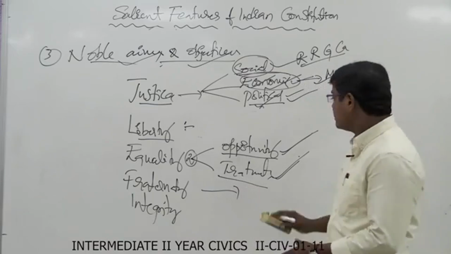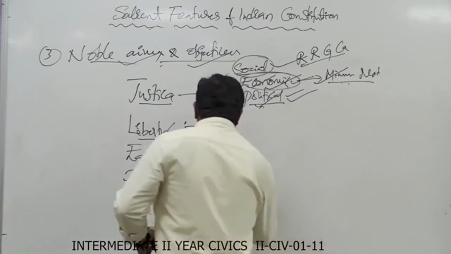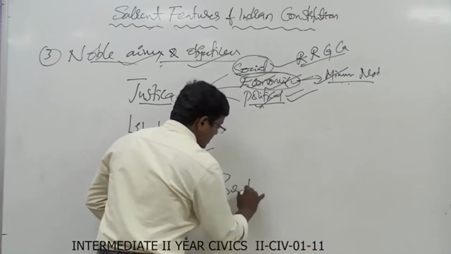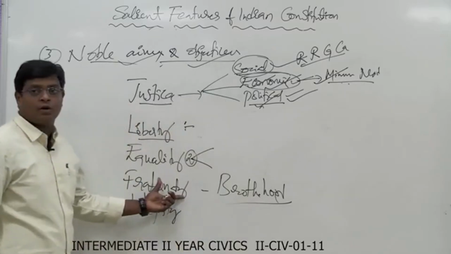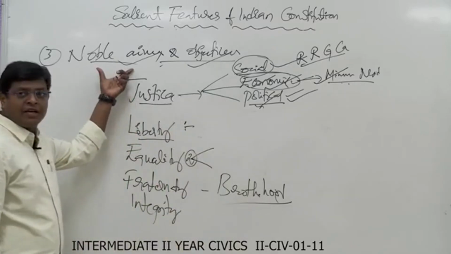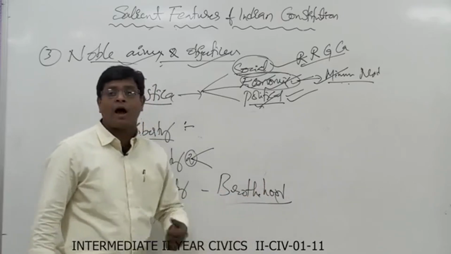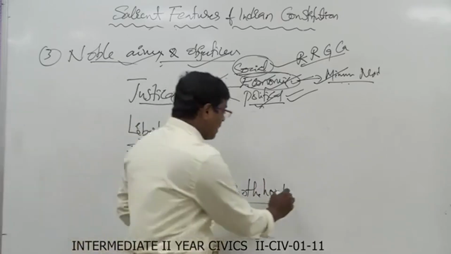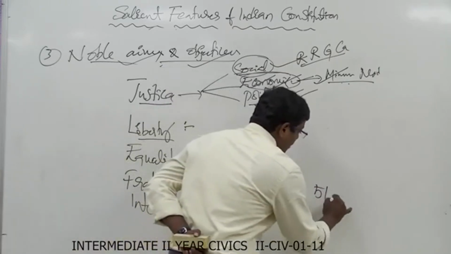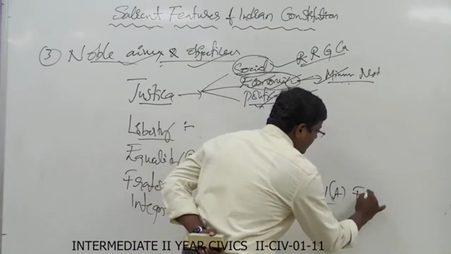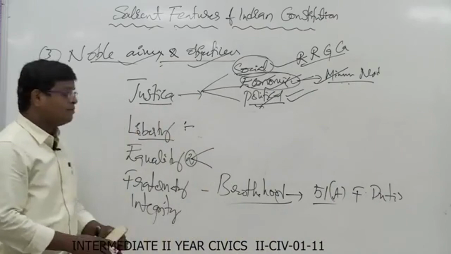And fraternity. What is meant by fraternity? Fraternity is nothing but brotherhood. Fraternity means brotherhood. The state of India shall provide brotherhood among the people of India. You know very well, in the Constitution of India, Article 51A, under the fundamental duties, we provided brotherhood.